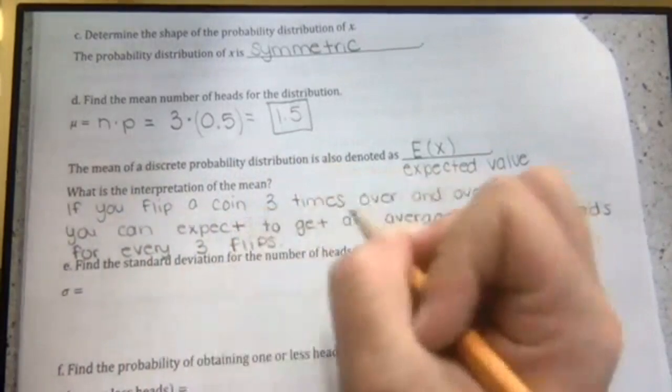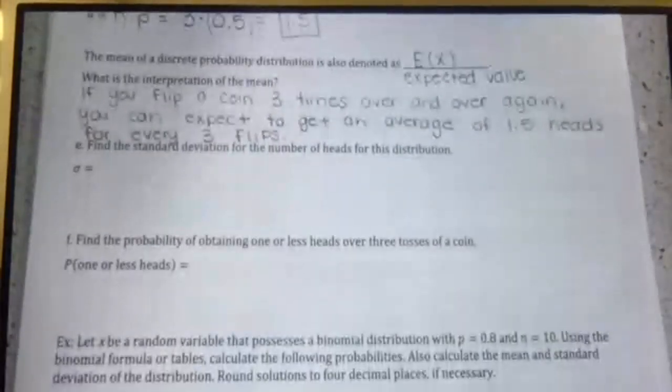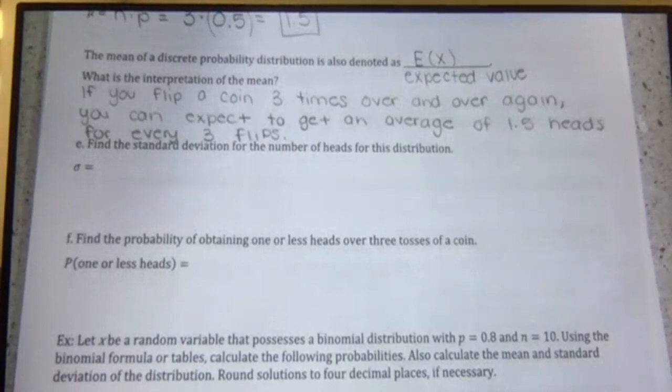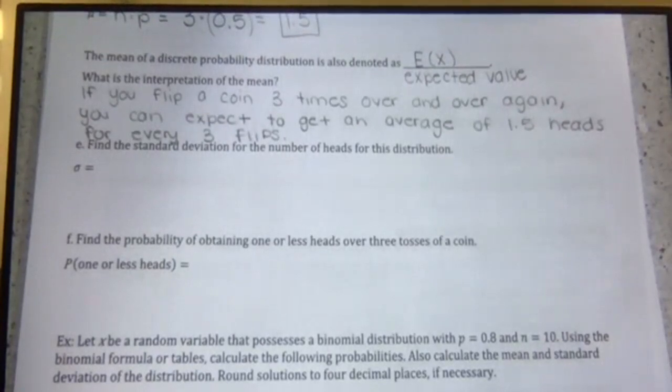Again, expected value means if you do the experiment over and over and over again, that's going to be your average. That's about the number of heads you're going to get for each experiment, for each 3 flips.